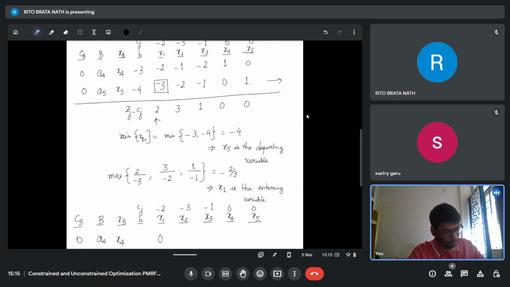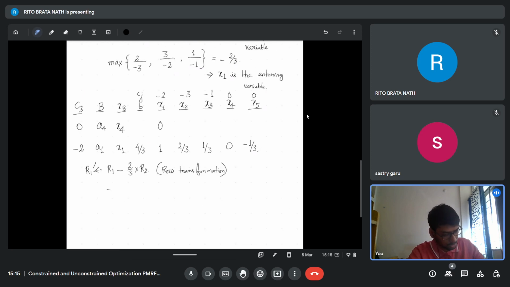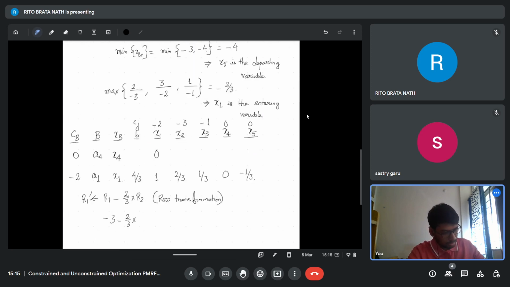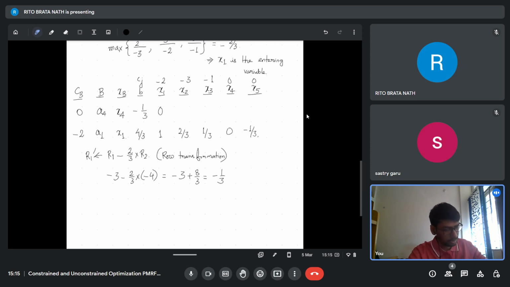For the corresponding B element, what you are left with is minus 3, minus 2 by 3, and you have minus 4 here, right? So this is minus 3 plus 8 by 3. So I think this is minus 1 by 3. So this one is minus 1 by 3, so that's fine.